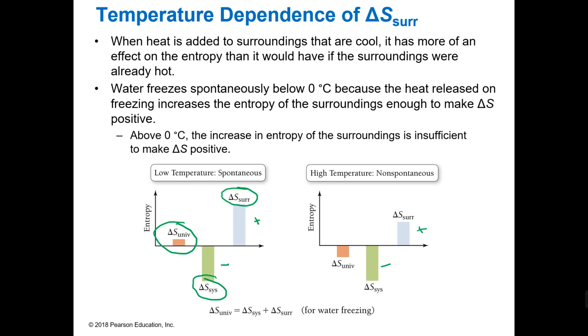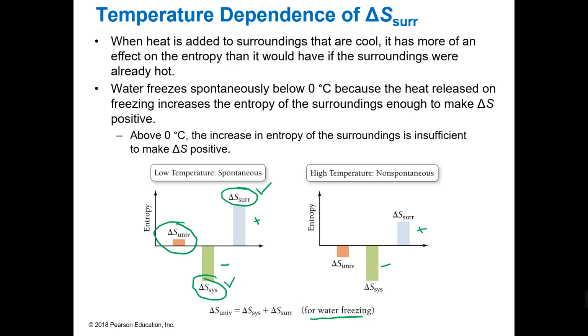If you look at low temperatures, in order for it to be spontaneous, you're going to have a very large positive delta S of the surroundings and a smaller negative delta S of the system. Your perfect example is water freezing. It is absolutely not spontaneous for water to freeze at 50 degrees Celsius.